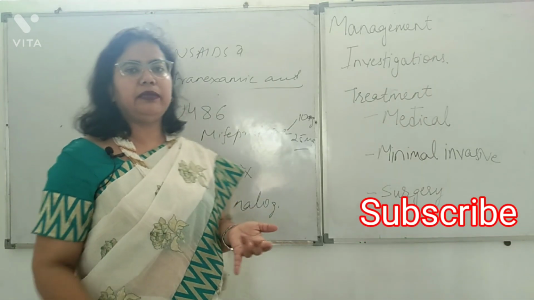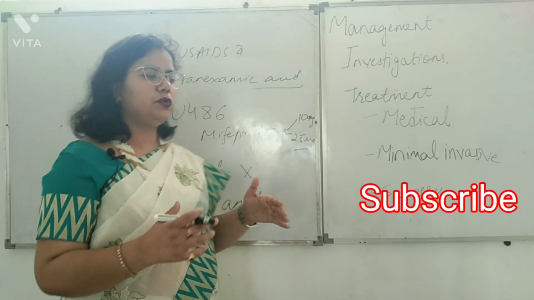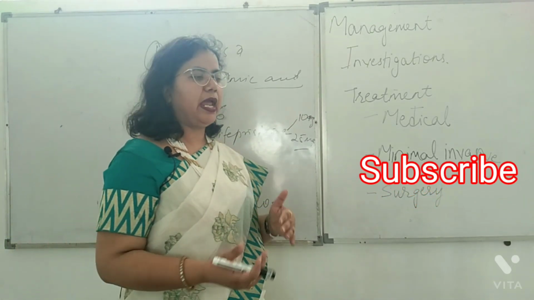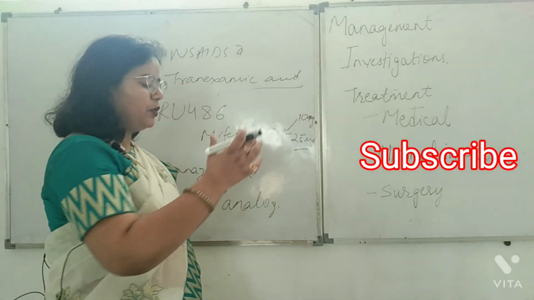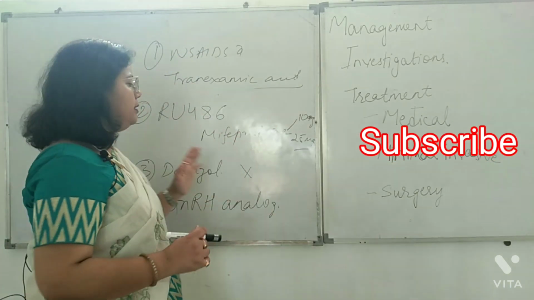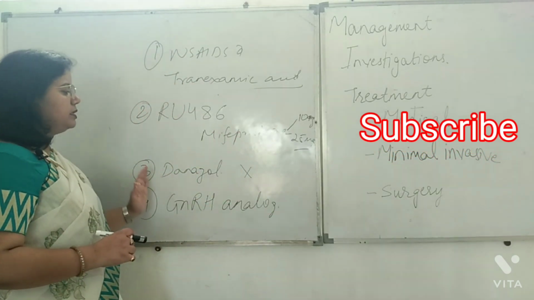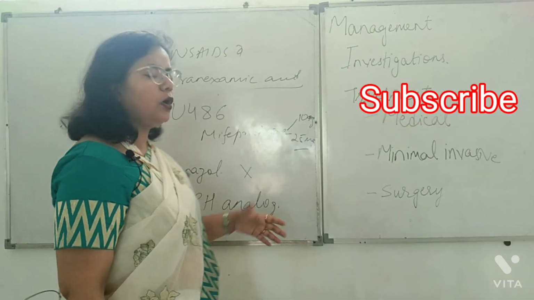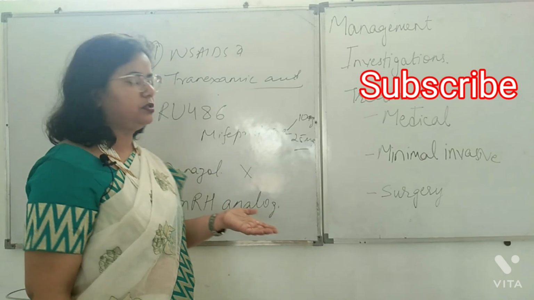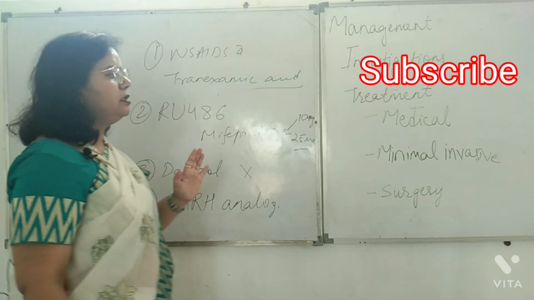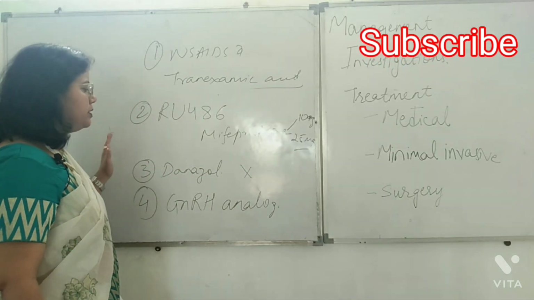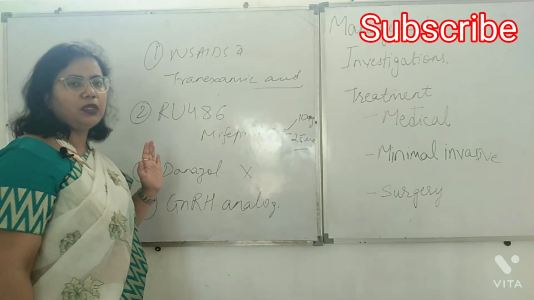You want to gain time to build her hemoglobin, you want to stop her menses so that she doesn't bleed much more, and you get the time, the fibroid size becomes smaller, or she is near her menopause, so that you can avoid any intervention in her. So this is the only condition where she can use this.